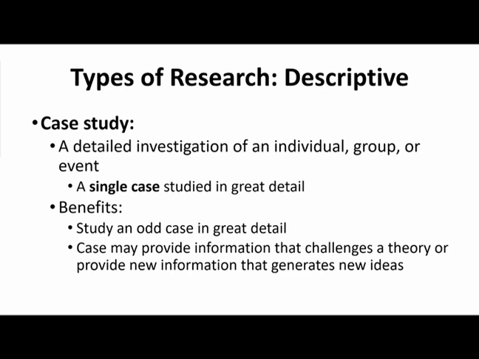And these cases can provide us information that helps us build theories or challenge existing theories. So because a certain part of Phineas Gage's brain was damaged and it affected his personality, that gave us more evidence to support the idea that that part of the brain is probably responsible for your personality.